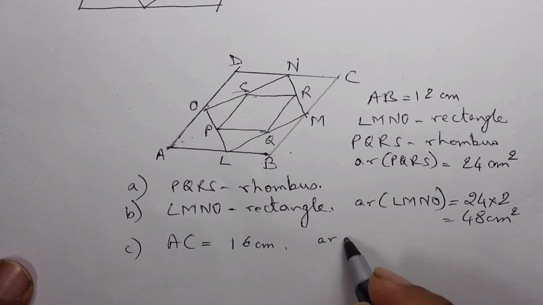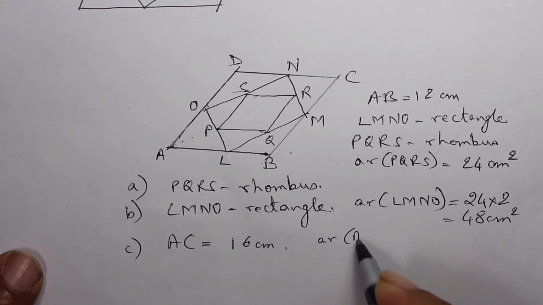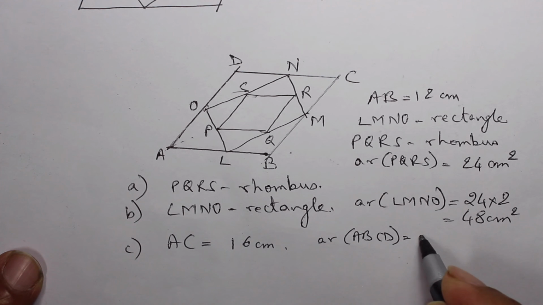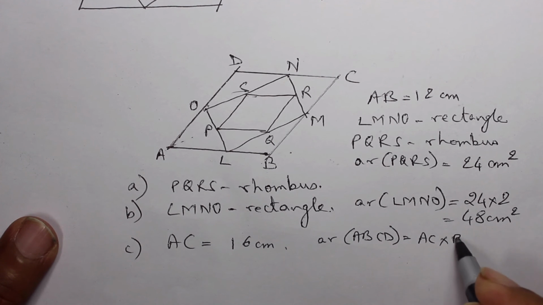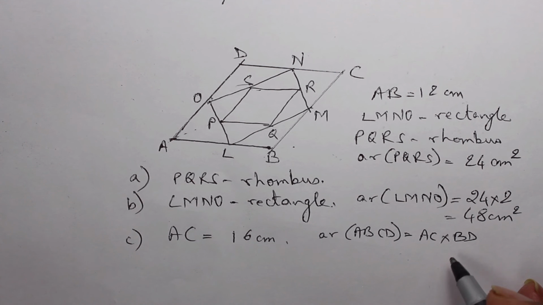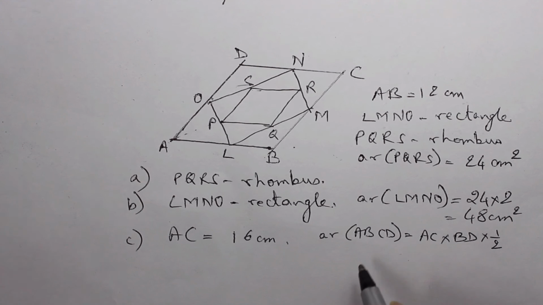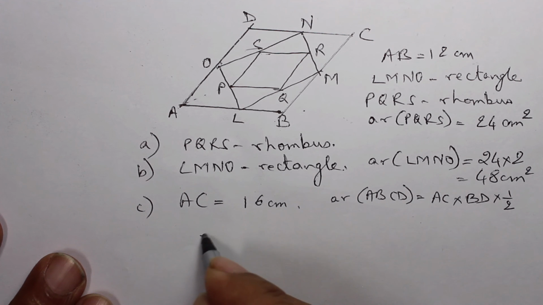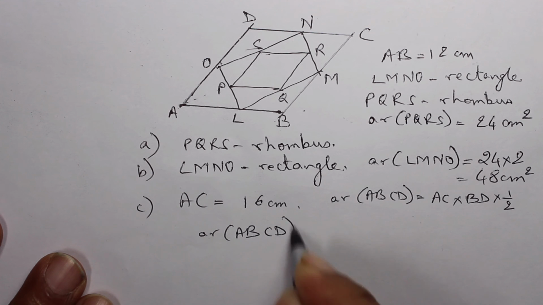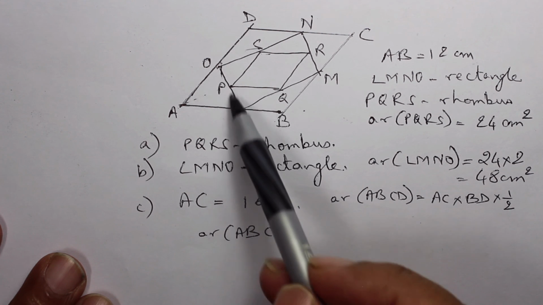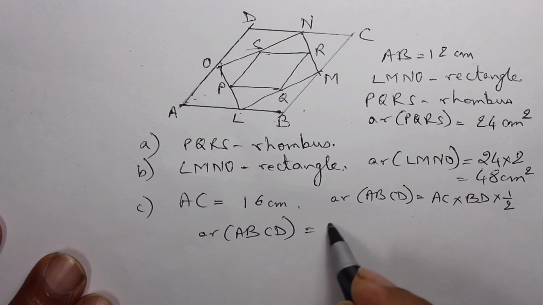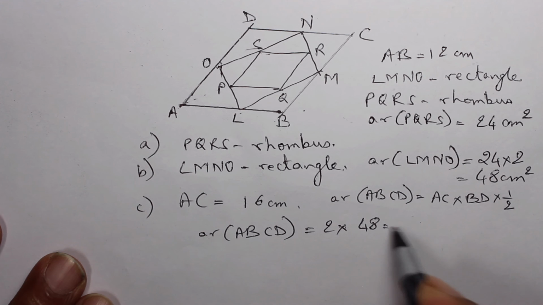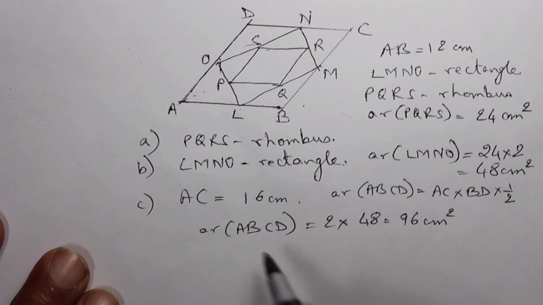So the area of a rhombus ABCD is equal to half of AC into BD, right? So the area of ABCD is double the area of this rectangle, which is formed by joining the midpoints. So this is equal to 2 into 48, which is 96 centimeters square.